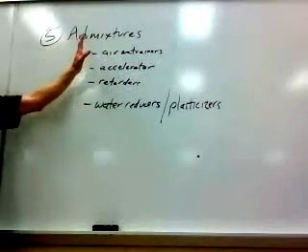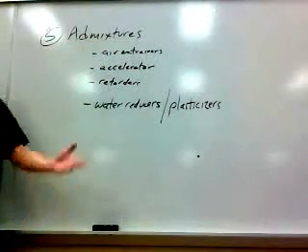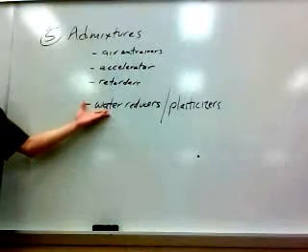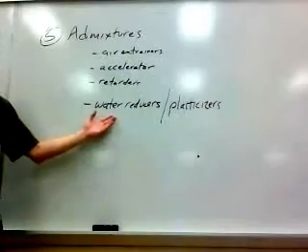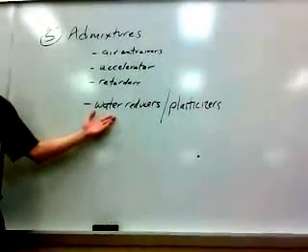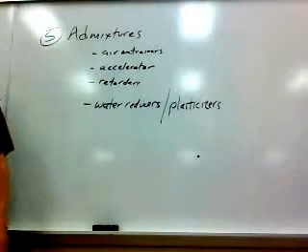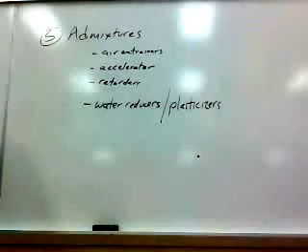Now again, you can go to an admixture company, you could go to W.R. Grace, and they might have 25 products that they're calling water reducers or plasticizers. This is what they do. They make a lot of this stuff, but it's not like they're just going to have one. Here's a low-range water reducer.